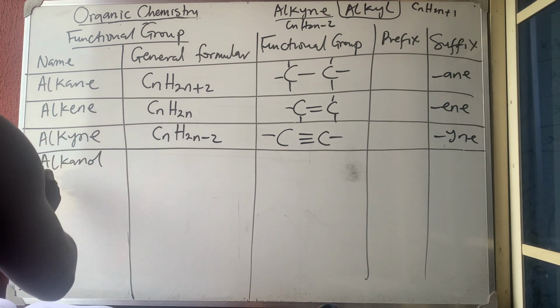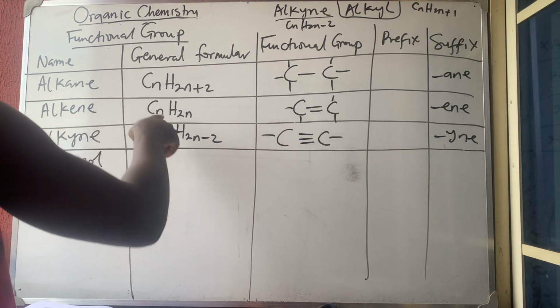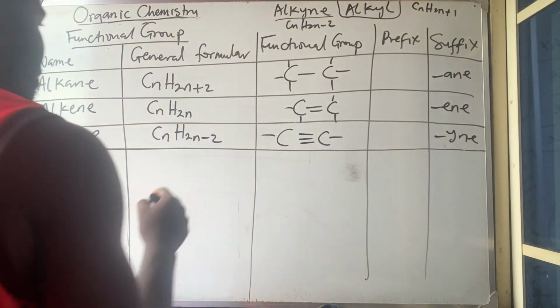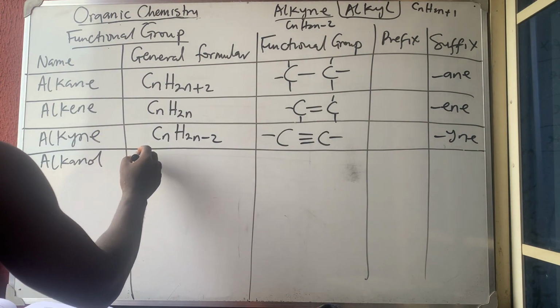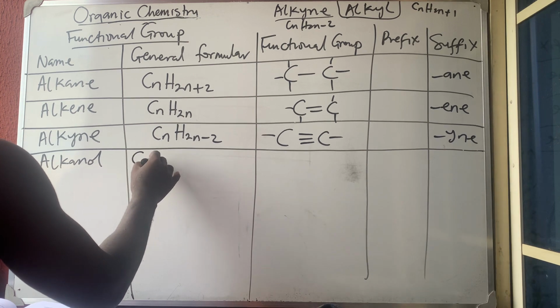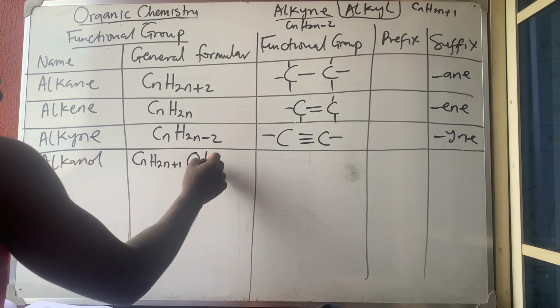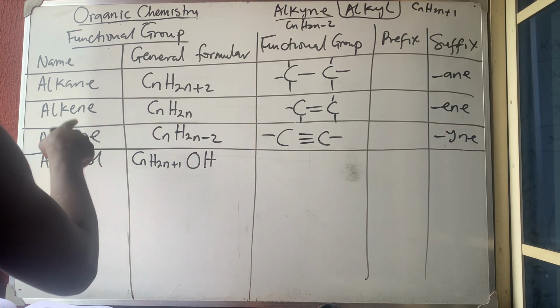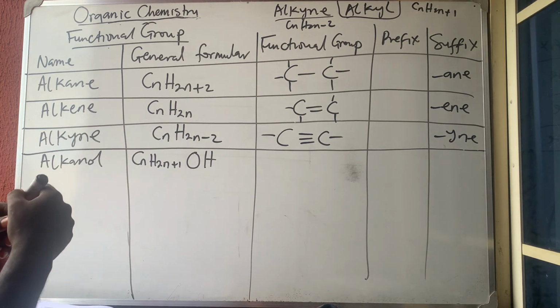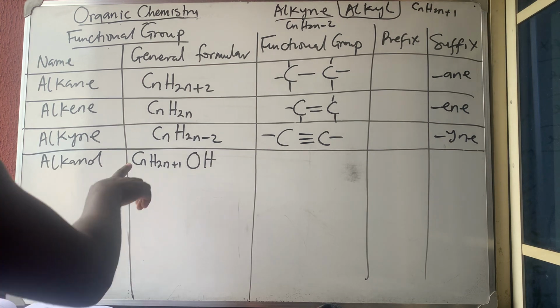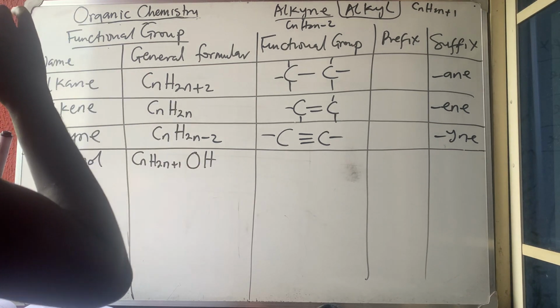So anytime you are writing any one that is not these three, you must use the alkyl, CnH2n+1. We are using the alkyl before we add the OH group. The "ol" there means the OH group. So alkanol is the alkyl with the OH group.